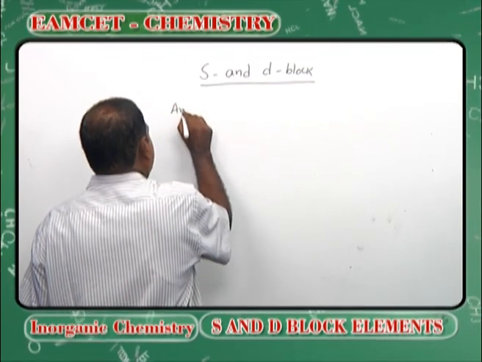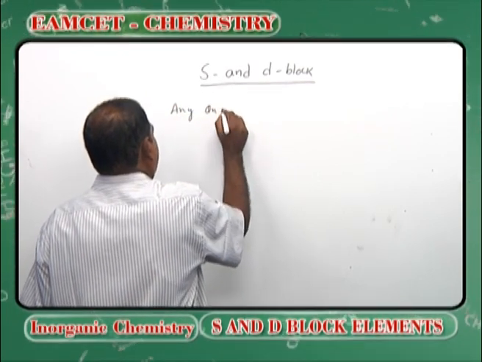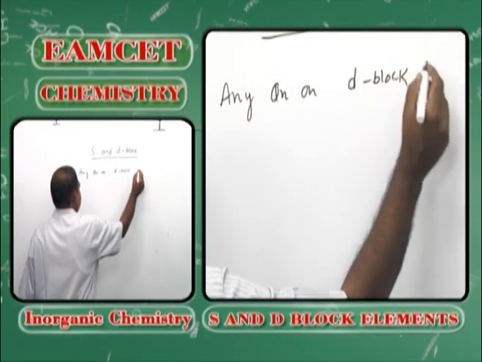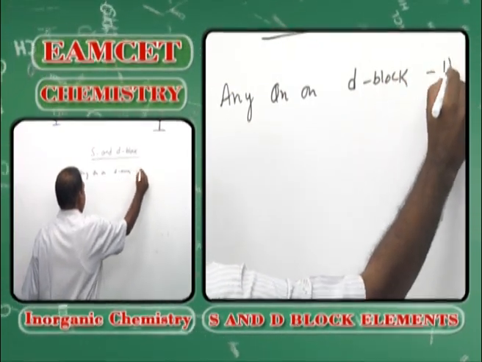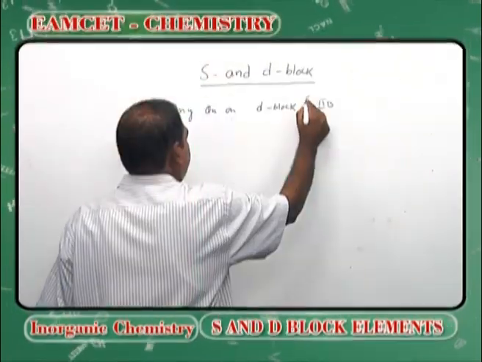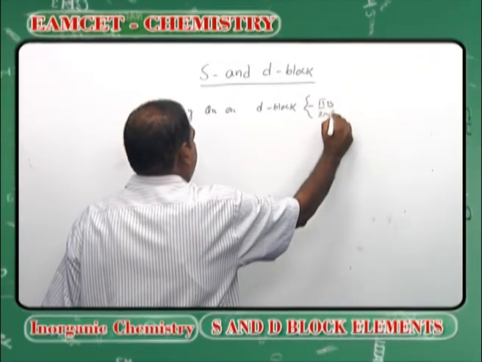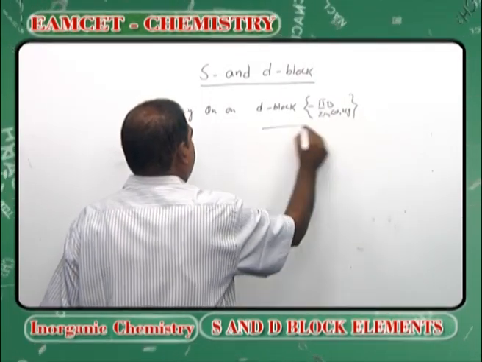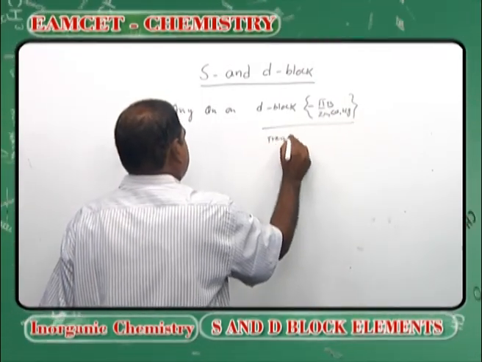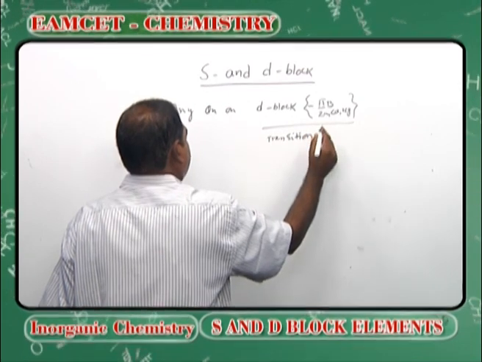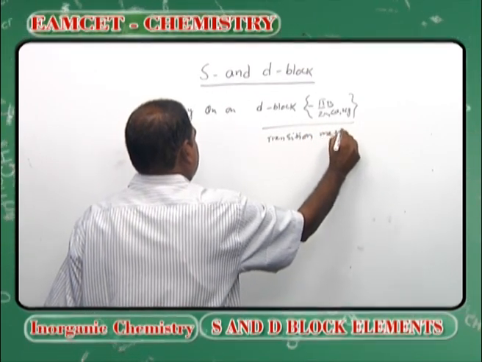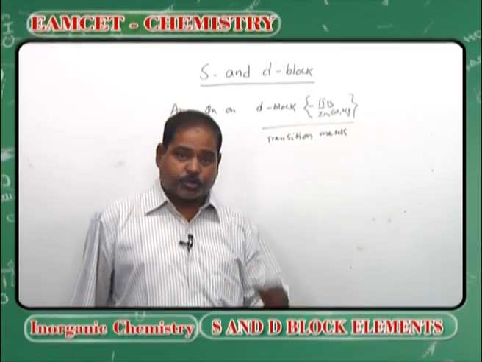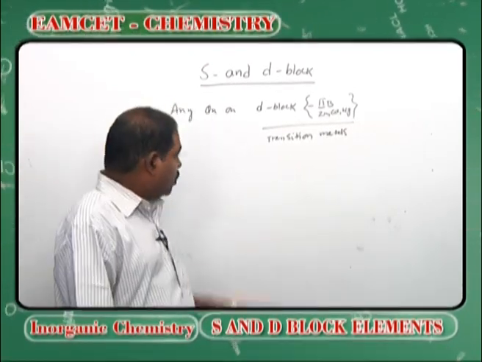Any question on the D block, specifically D minus 2B, I am not referring to 2B: zinc, cadmium, mercury. D block minus 2B elements are called transition metals. So, I am referring to these transition metals.